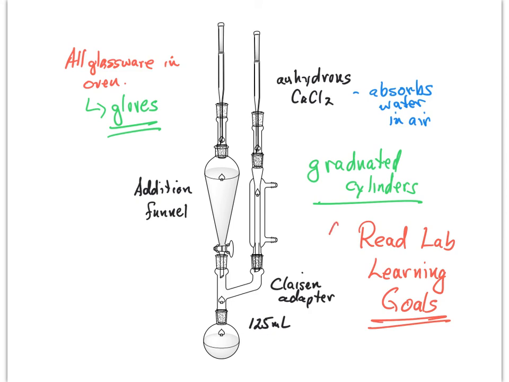So you definitely have to read your lab learning goals, because we've adjusted both the procedure and the amounts. So you have to follow this video. This is where you get your mechanism, but make sure you've read the lab and you've read the lab learning goals to see how we're doing some things a little bit differently than they're described in the lab. Okay?